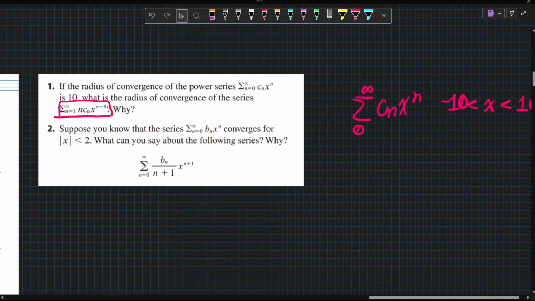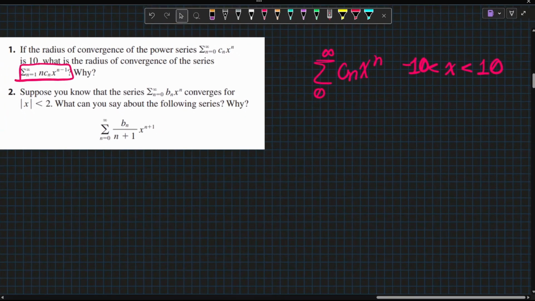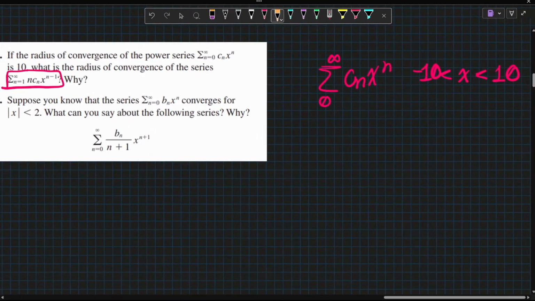And look at the other one at the same time. When you have this series, and then you have this second series, what can you say about the radius of convergence?